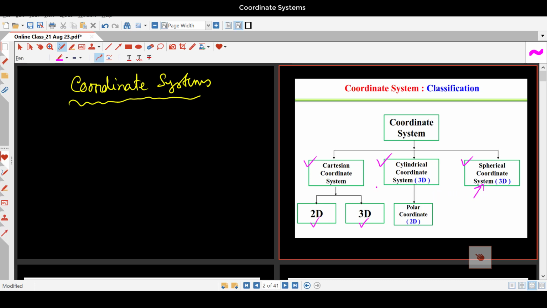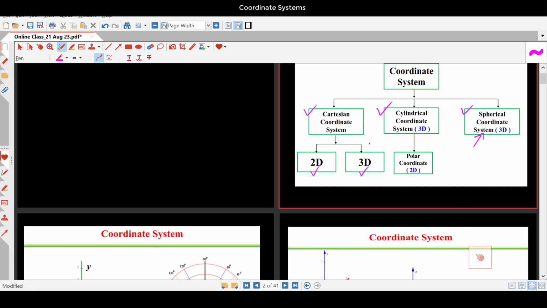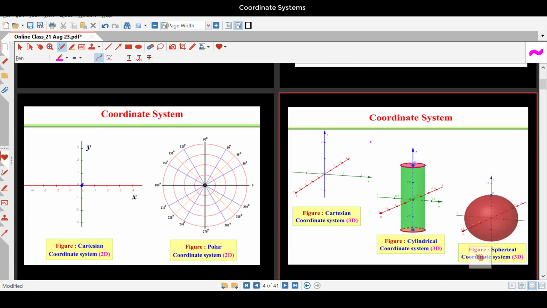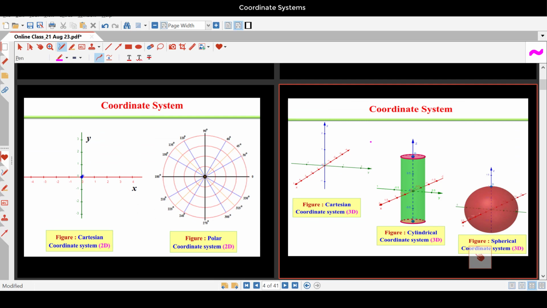So you already know all these concepts, and you also know that if we think about Cartesian 2D, then we have the x-axis and y-axis. X belongs to the real numbers, y belongs to the real numbers. So this is the figure for the Cartesian coordinate system in 2-space.